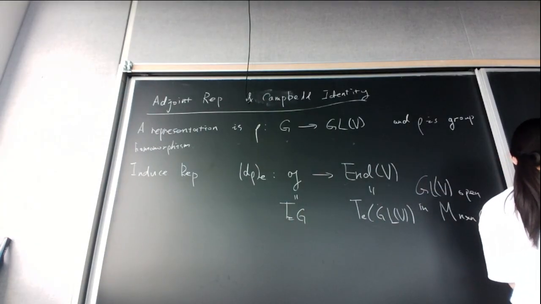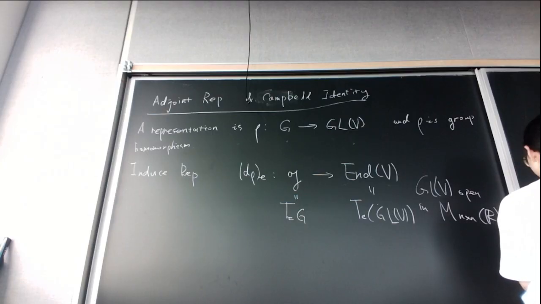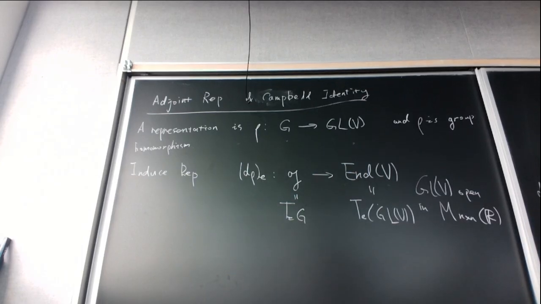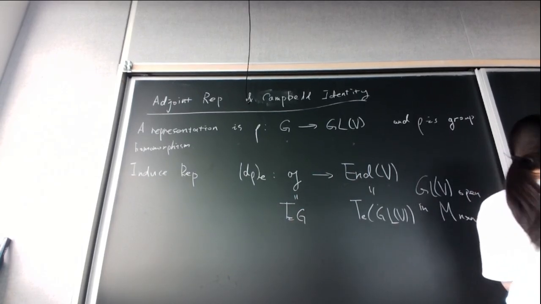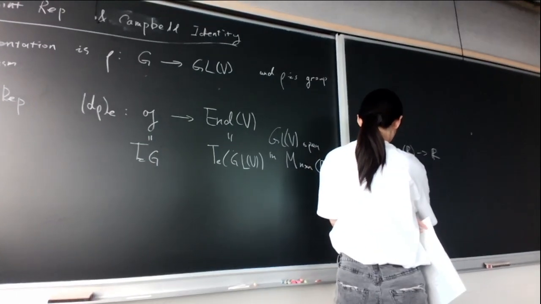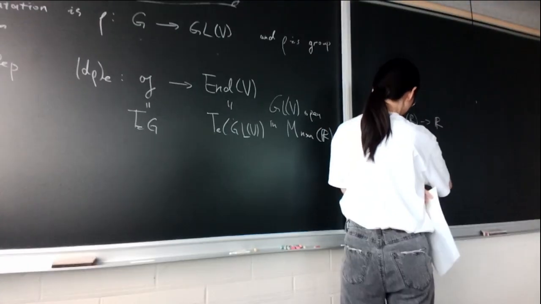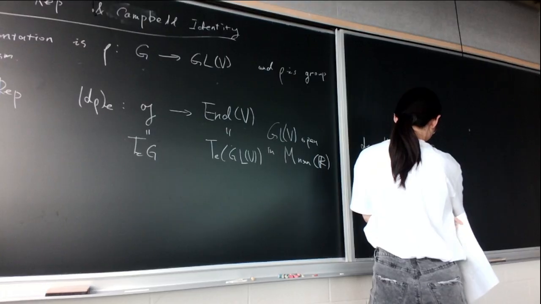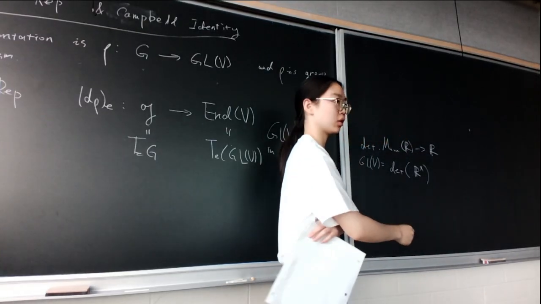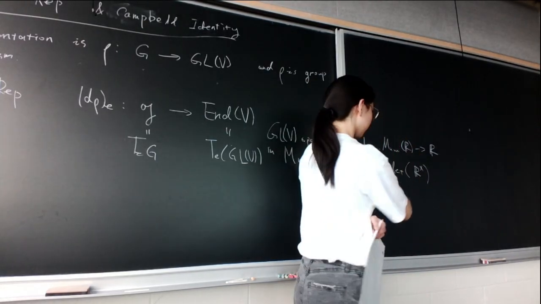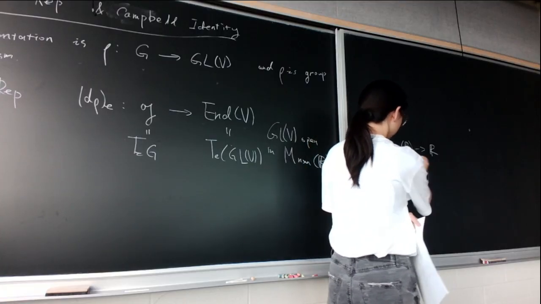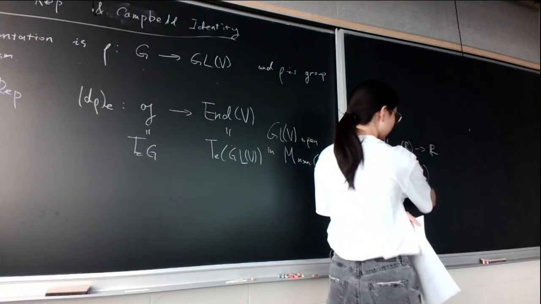So you have the map determinant, which is from n by n matrices to R. And so GL(V) is equal to the pre-image of R take away 0, the multiplicative units in R. And this is a continuous map.